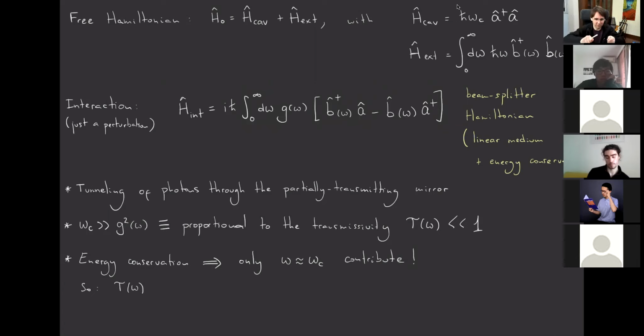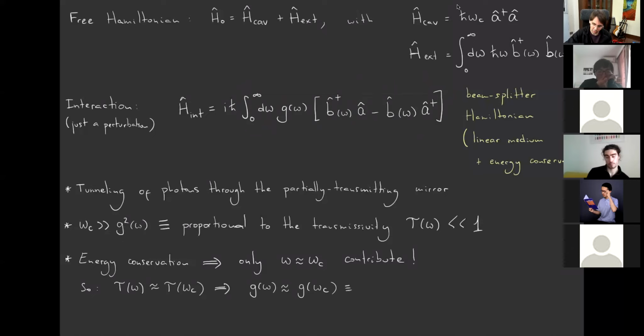That would be crazy, because just changing a little bit the light frequency or the cavity length would change completely your physical setup. So then T of omega we can assume is basically independent of the frequency. And because the dependence of the coupling G is through the transmissivity, this automatically implies that G of omega can be taken approximately as a frequency independent function, just the coupling at frequency omega C.